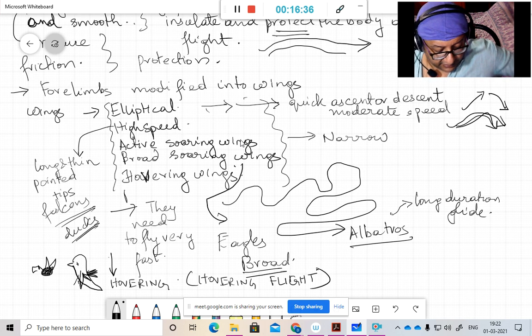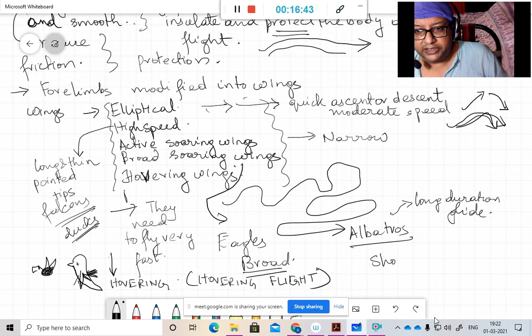Now let us see, birds have other modifications. They have got shorter tails. When they are flying, a long tail is a hindrance.